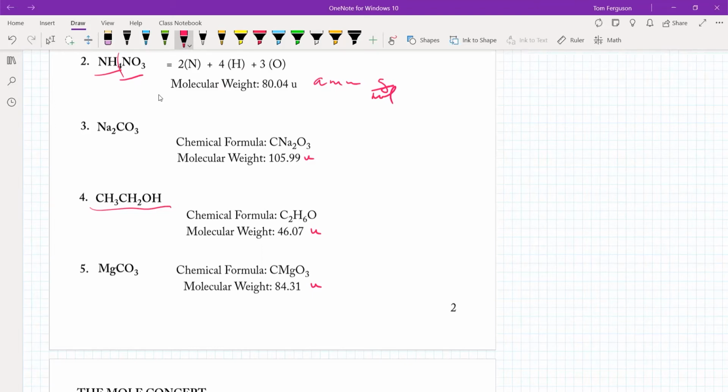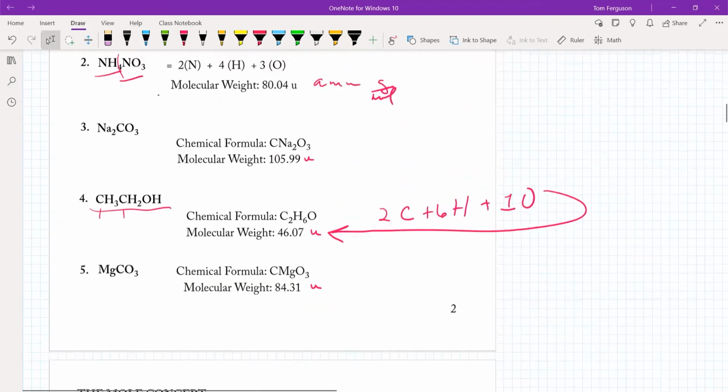So in this case, we have 2 carbons, 6 hydrogens, and 1 oxygen. That's 46.01. Units: AMUs, or grams per mole.